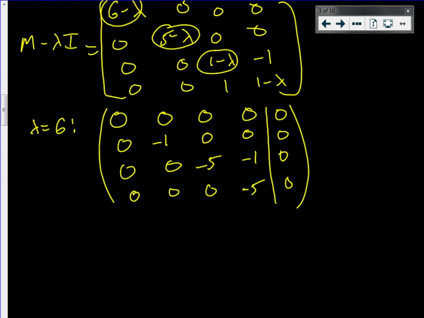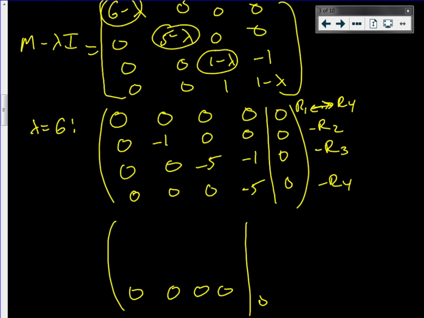Okay. Now, one thing I can do, and a lot of teachers would say to do it, is I'll move the first row to the last row. You know what? I'm going to multiply every other row by -1. Hate so many negative lines. And row 1 is going to go to row 4. So there it is. The other 3 rows, the second row becomes the first, and I multiply all the entries by -1.